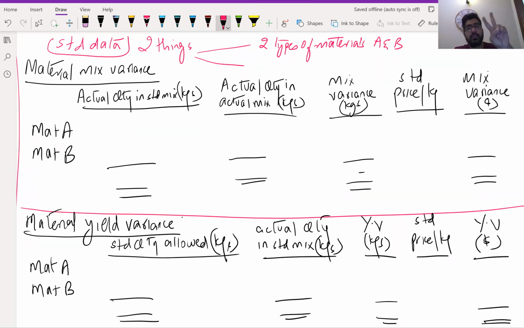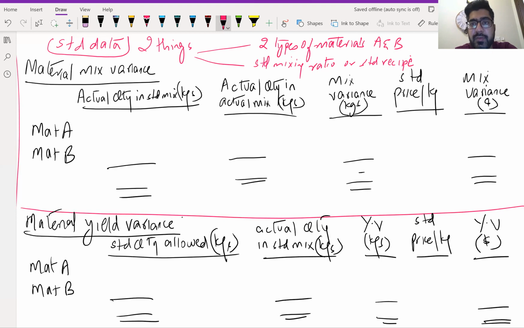From standard data, you need to extract 2 things. How many types of materials are there? 2, A and B. And number 2, the standard mixing ratio or standard recipe is how many kgs.